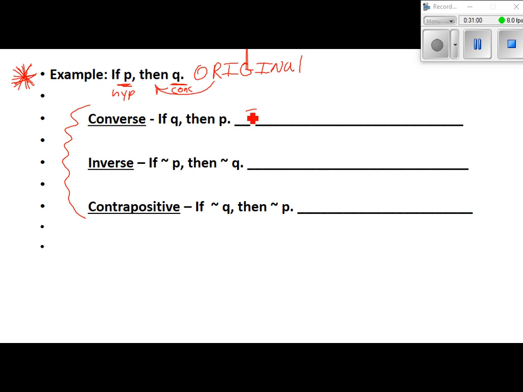That's what I want you to write right here. It switches the hypothesis and the conclusion. So it just switches the two. Not the if or the then, but the hypothesis itself and the conclusion.